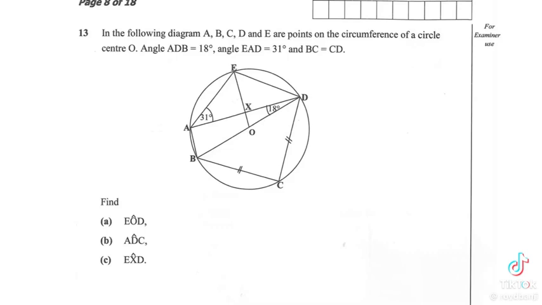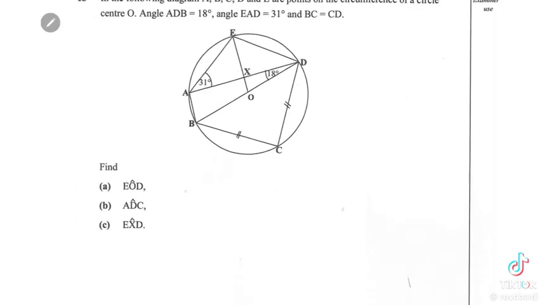Angle EAD is equal to 31. You can see it there. BC is equal to CD. So which means this is an isosceles triangle. So take note. Find the angle EOD. So where is EOD? So which means we are talking about this angle.